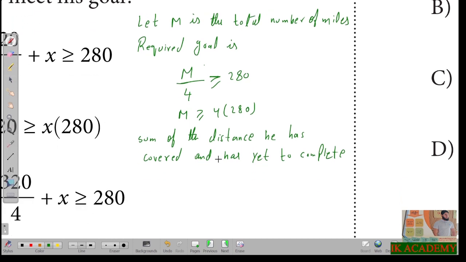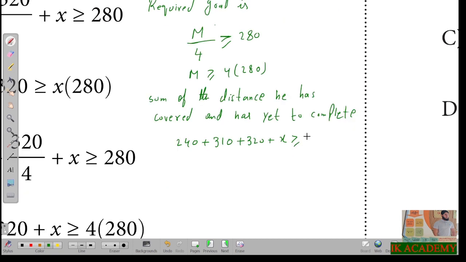Which is 240 miles in the first week, 310 miles in the second week, 320 miles in the third week, and x miles in the fourth week, and it will be greater than or equal to m.